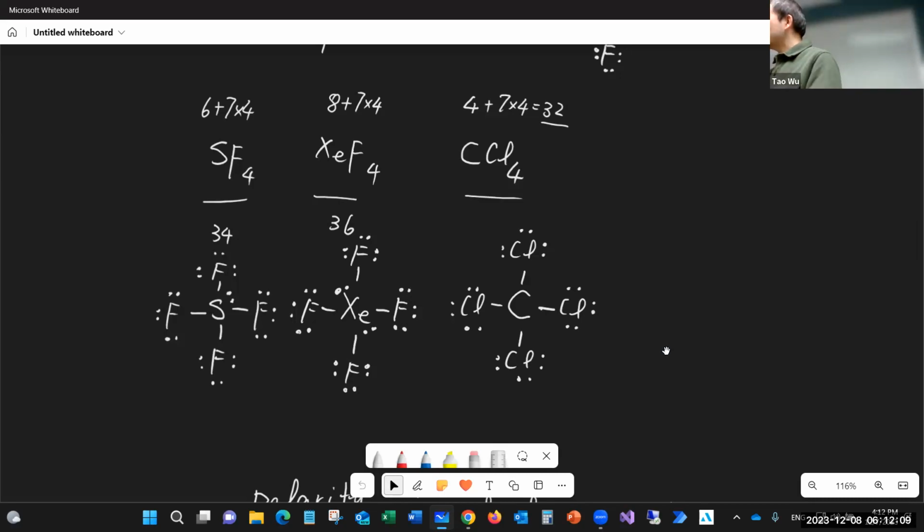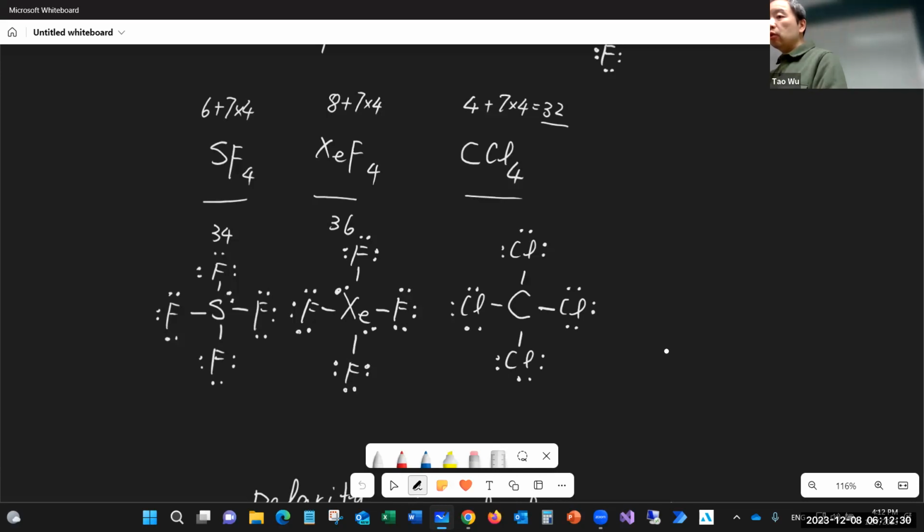Draw the Lewis structure and see how many electron domains it has, how many bonding and how many lone pairs. Then base on the number of lone pairs and bonding to determine the geometry. The first structure, SF4, has 34 electrons.